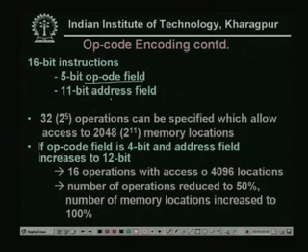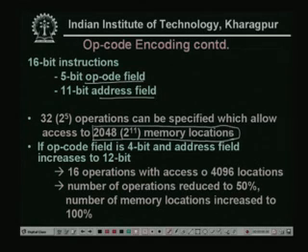As a 5-bit opcode, the operations supported are 2 to the power 5, means 32 operations are specified, and they operate on the data which are stored at this 11-bit address field. So by 11-bit addresses, I can specify 2 to the power 11, means 2048 memory locations.